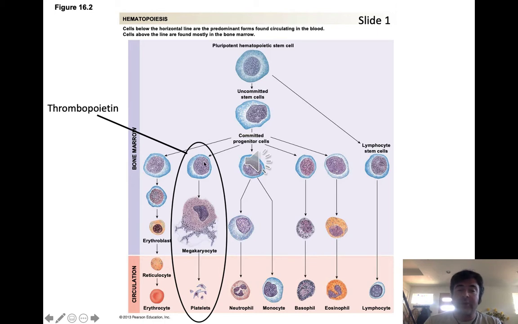So TPO triggers these stem cells to become these very large cells called megakaryocytes. Megakaryocytes are interesting for a variety of reasons, but you don't have to know a lot about them other than that they're gigantic cells that fragment, and those cell fragments are ultimately what produce platelets. Platelets last anywhere from 2 to 10 days in humans, right? And so there are platelets.